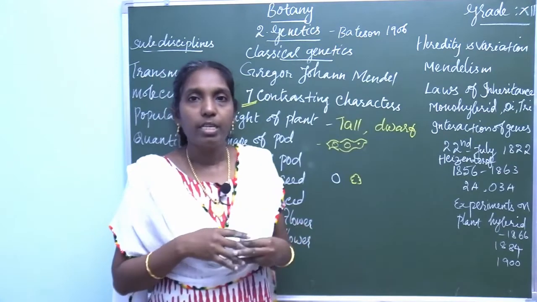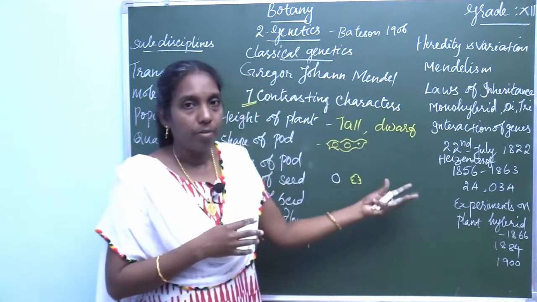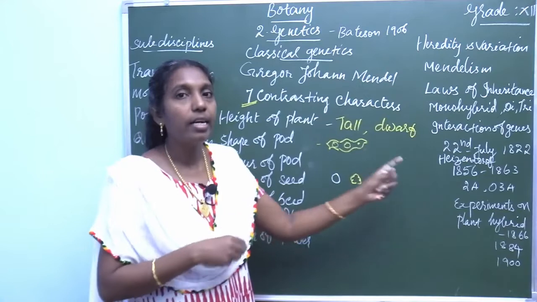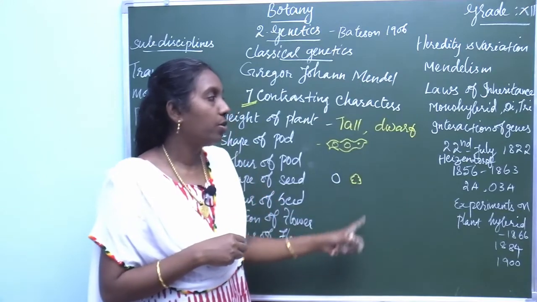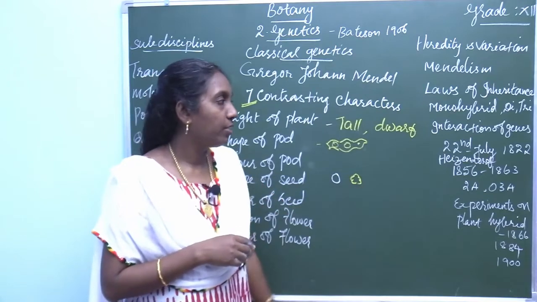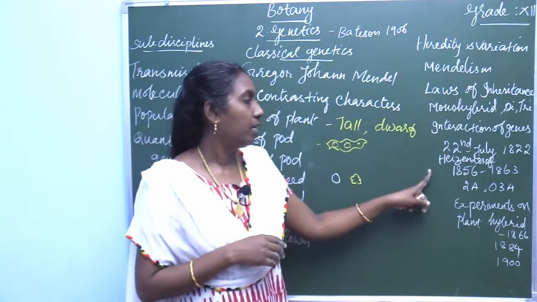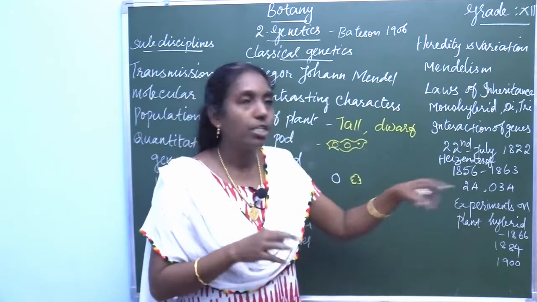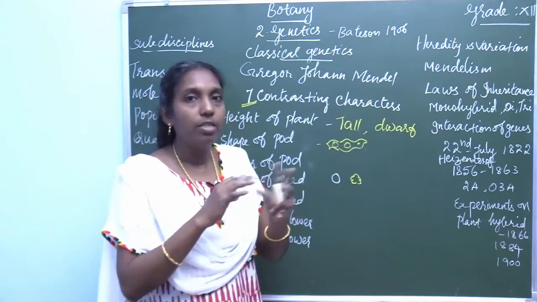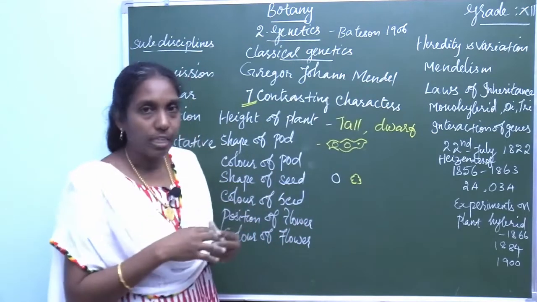His mathematical knowledge was very useful to him, and it helped him to give the phenotypic and genotypic ratios. He applied this mathematical knowledge to his hybridization experiments in the Pisum sativum plant. From 1856 to 1863, he was engaged in this field of research, carrying out many hybridization experiments.